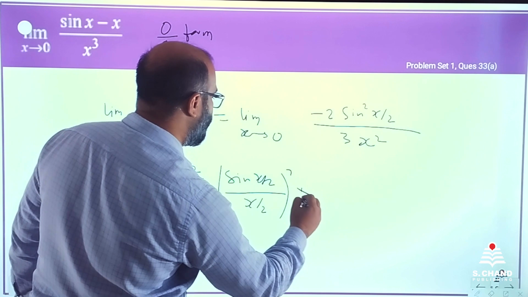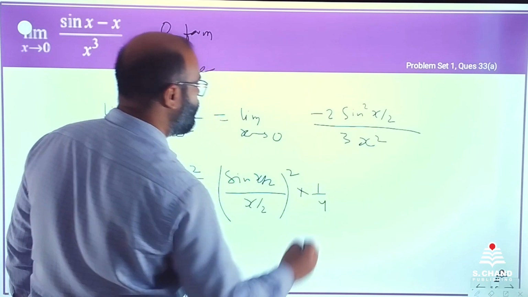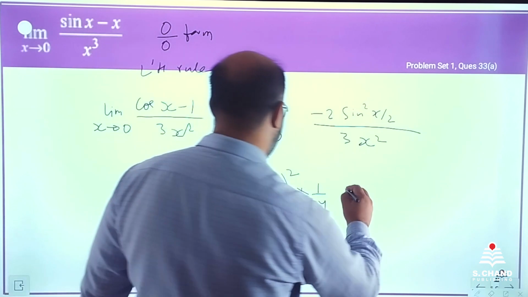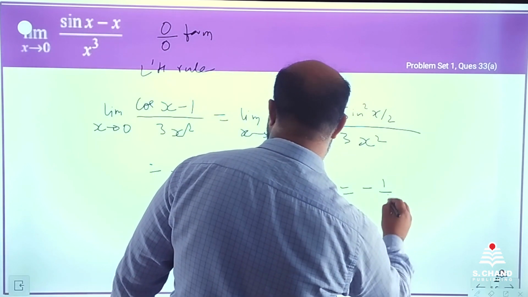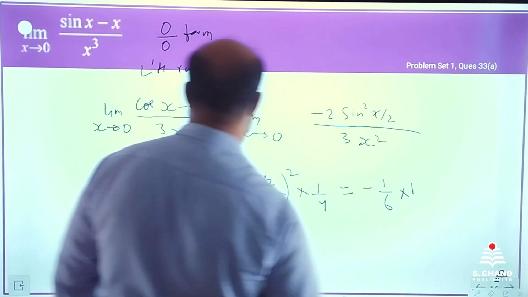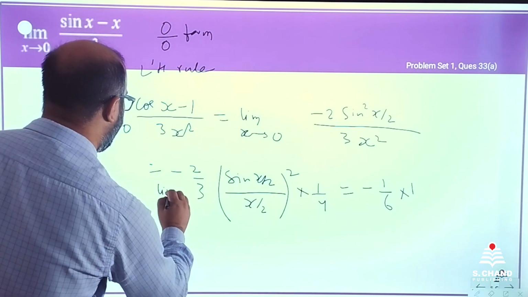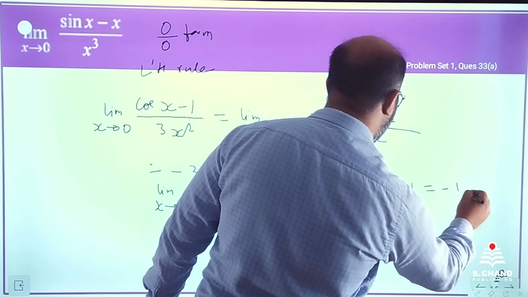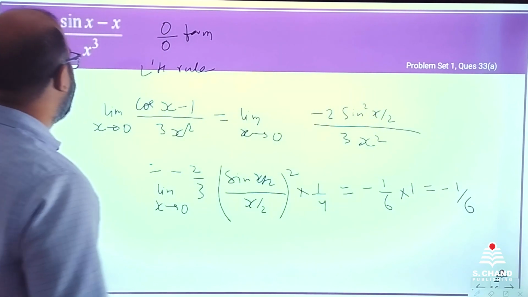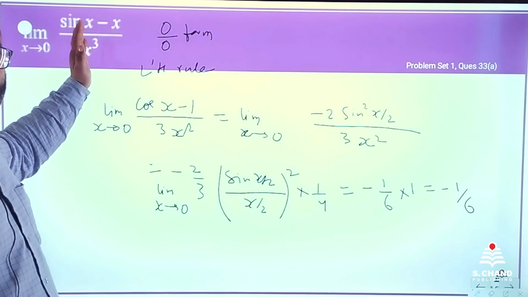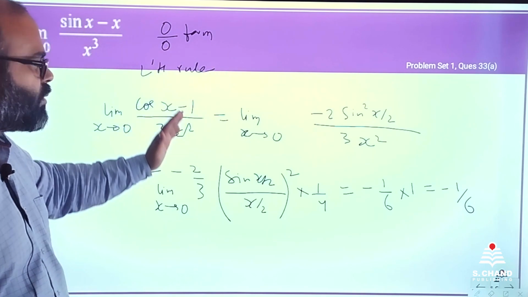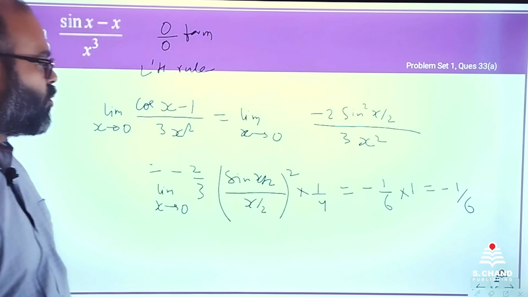So this will become 1 by 4 again. 4 and 4 will get cancelled. So this will become minus 1 by 6 into 1, as limit x tending towards 0. So this is minus 1 by 6 finally as our answer. What we have done here: first we applied the L'Hospital rule. After applying it, we applied the sin x by x limit x tending towards 0 formula.